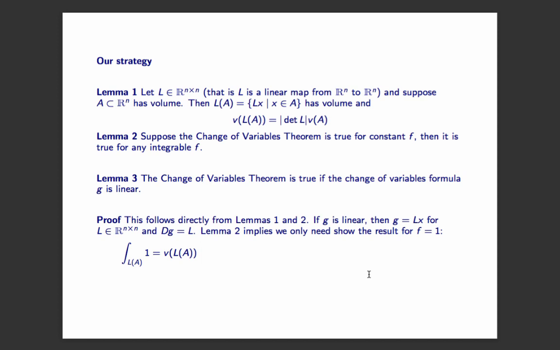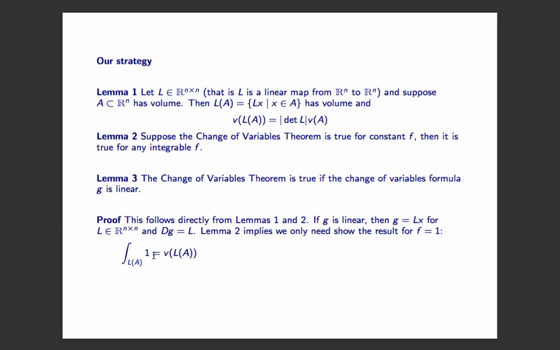We'll suppose that lemma 1 and 2 are true. Then if g is linear, g of x equals L times x for some matrix L, and the derivative of g is the matrix L. Well, lemma 2 implies we only need to show the result for f equals 1.